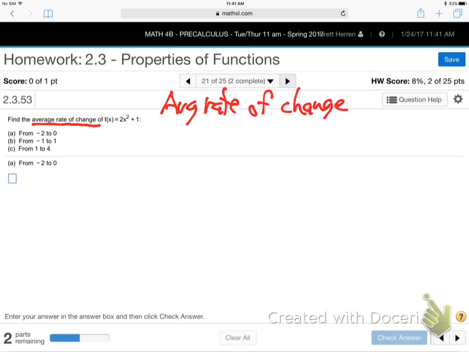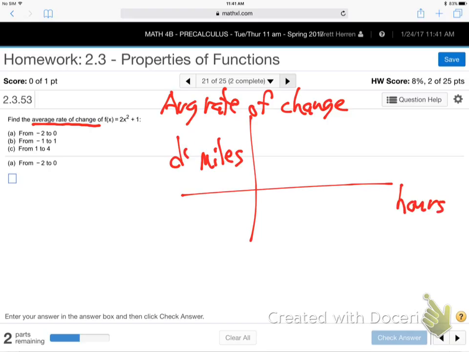Can I give you some logical reasons why that is first, and then we'll crank out the details. Just think real life. What if I took a trip with my family and I put miles on this axis and hours on the other, distance and time, which is a common way you'll see it in physics, distance versus time, especially in the first physics class.